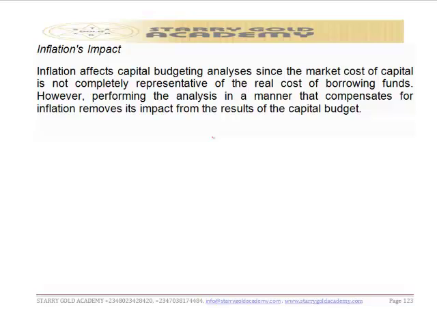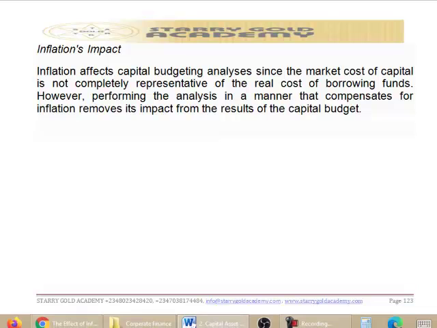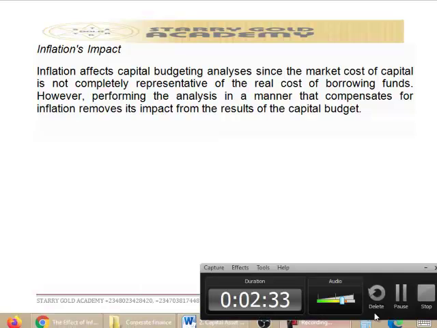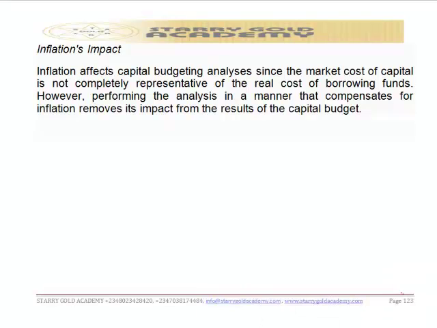However, performing the analysis in a manner that compensates for inflation removes its impact from the result of the capital budgeting, because inflation impact can be removed from capital budgeting analysis by calculating the real rate of return. By doing what? By calculating the real rate of return.